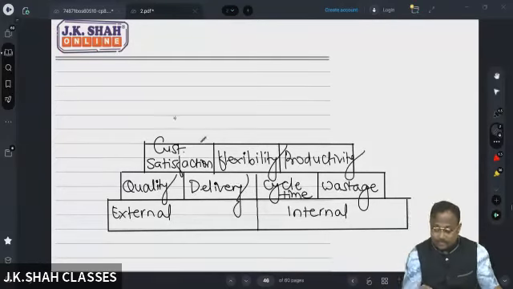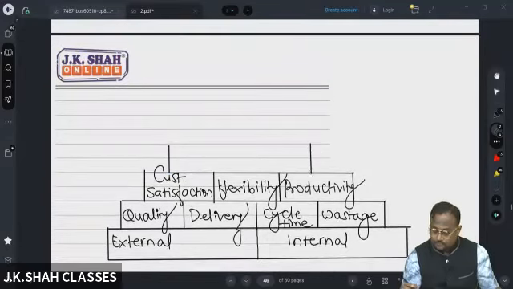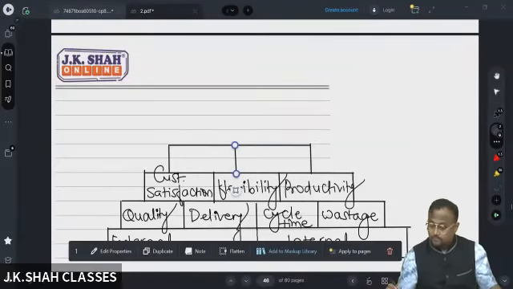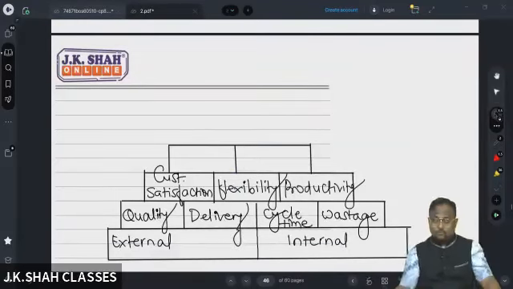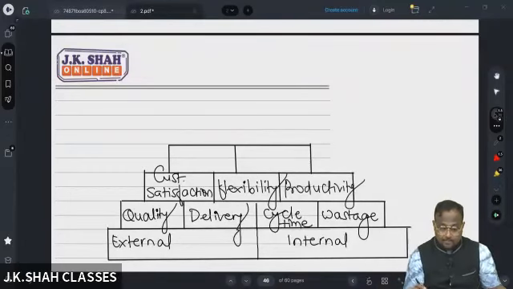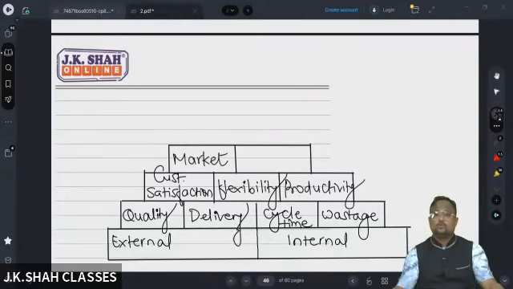So basically when you have a control over customer satisfaction, flexibility and productivity, you're quite close.